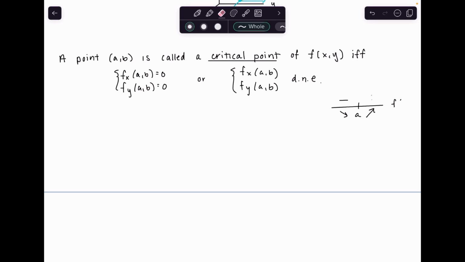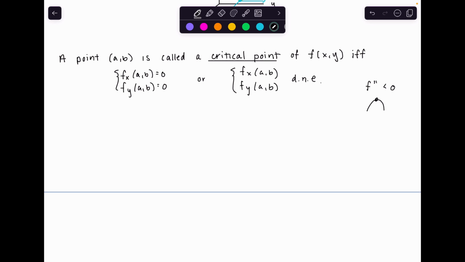The other way we could test whether something was a local max or min was with the second derivative test. If you remember, if the second derivative was negative, it was concave down. So the graph of your function would look something like this, and that critical value would correspond to a local max.